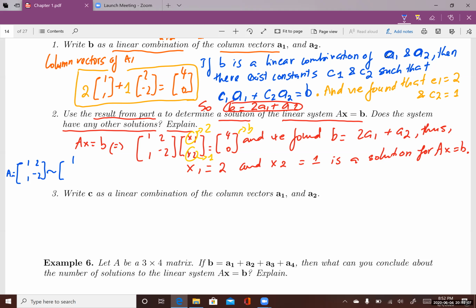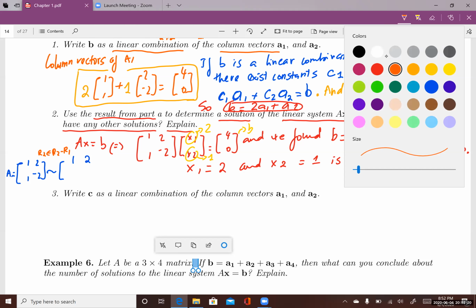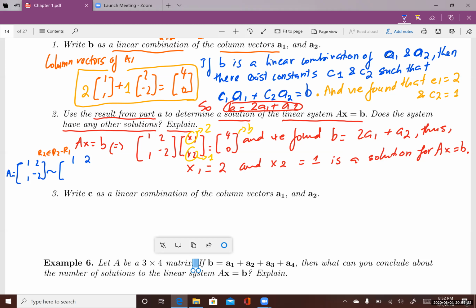So I would take R2 equals R2 minus R1, for example. Then my new row 2 will be 1 minus 1 is 0, and negative 2 minus 2 will be negative 4.